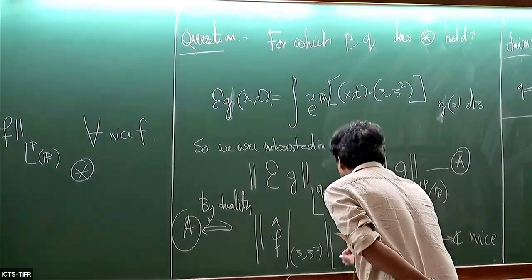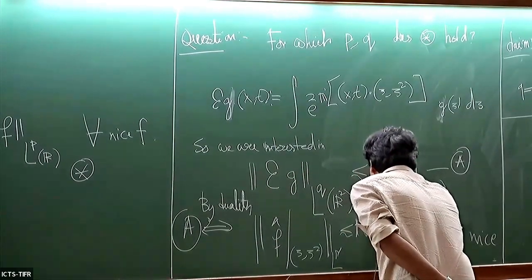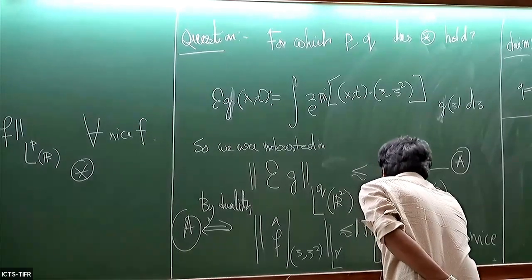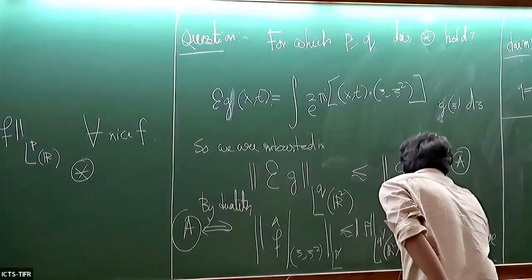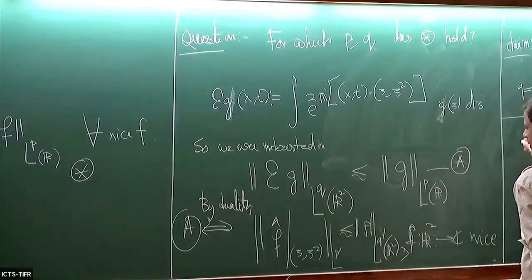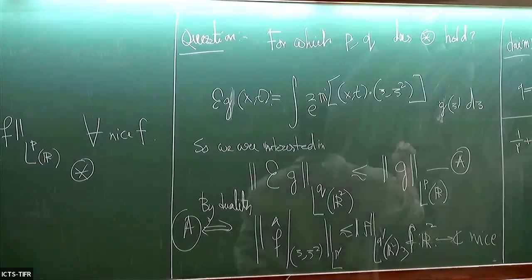This LP prime norm is bounded by the LQ prime norm of f on R2, for nice f, where P prime is the dual exponent given by the condition that 1 over P plus 1 over P prime is 1.